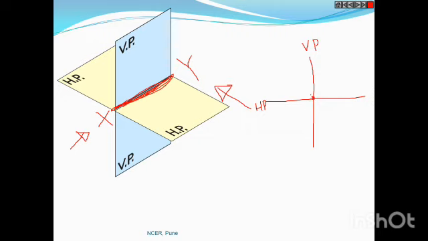So this point will be like this, from this side view, the XY line. Okay. So this is the first quadrant. This one is the second quadrant. This one is the third quadrant.